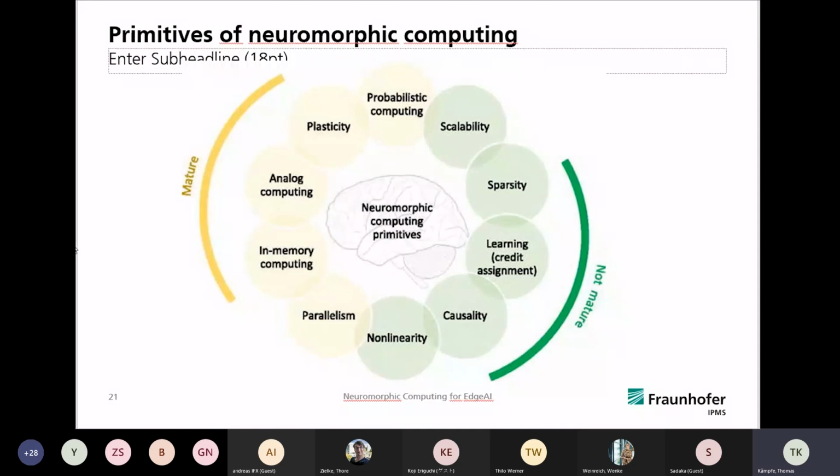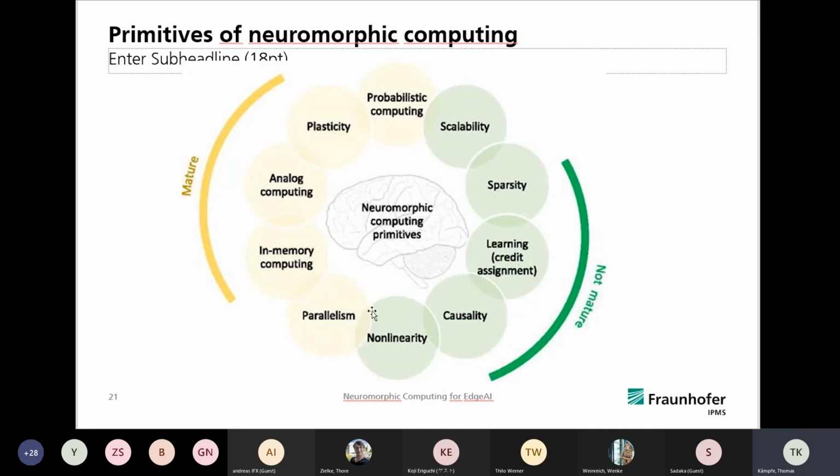So what are the complete primitives of brain-inspired computing? We already talked about things which are somewhat mature: in-memory computing and analog computing. We talked about plasticity, so learning rules which can change the synaptic efficiency.